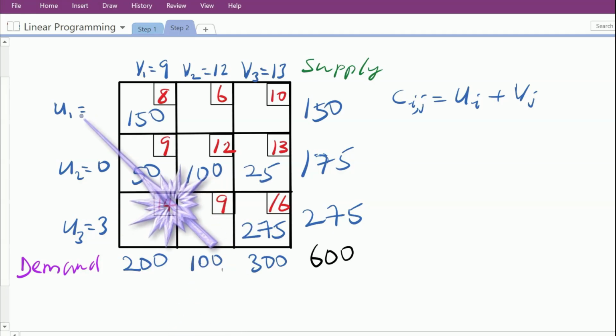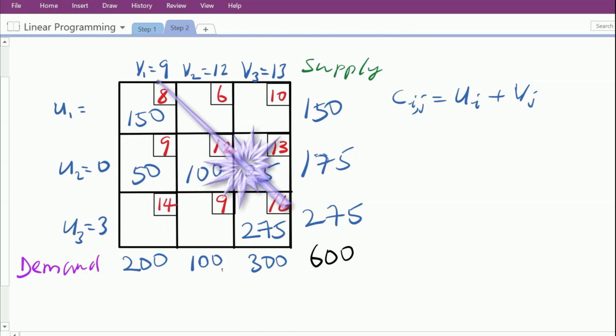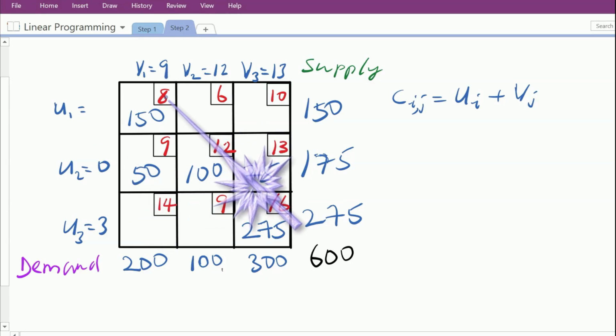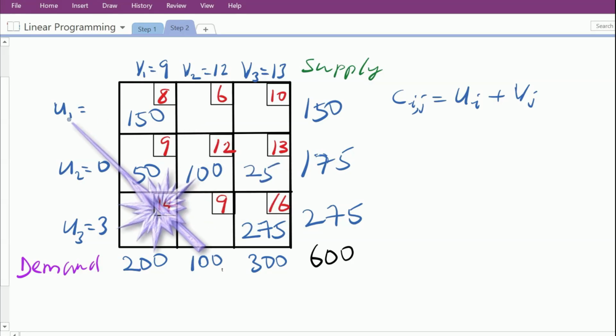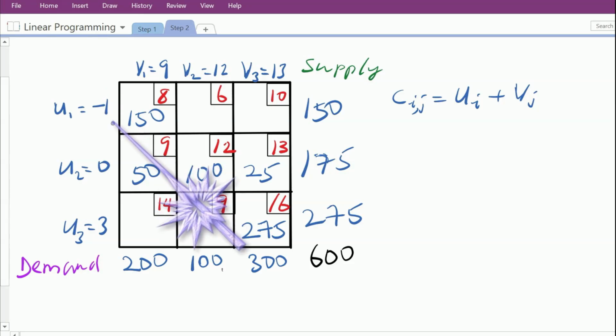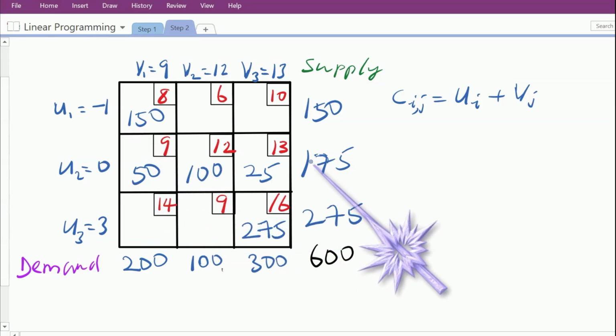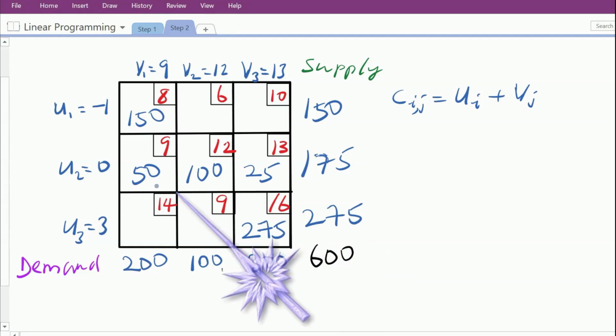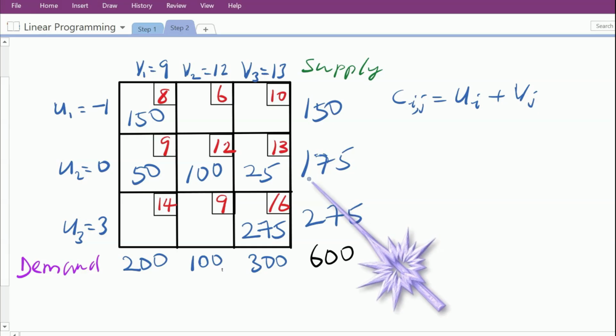U1 plus V1 is equal to 8, isn't it? So our U1 is minus 1. That is it. With this, we've been able to calculate the values for our Ui's and our Vj's.